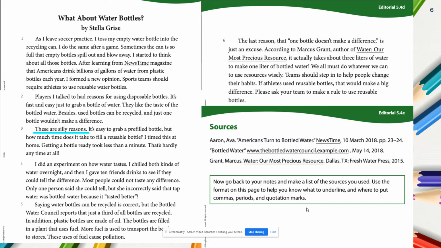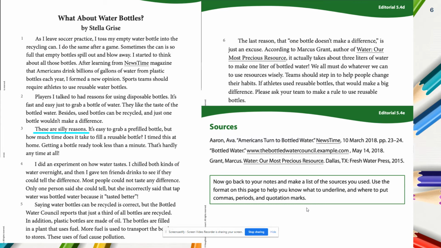For example, in paragraph 3, the writer states, "These are silly reasons." Her word choice, using the word silly, shows how she is feeling and sets the tone for how she feels about her oppositional ideas.